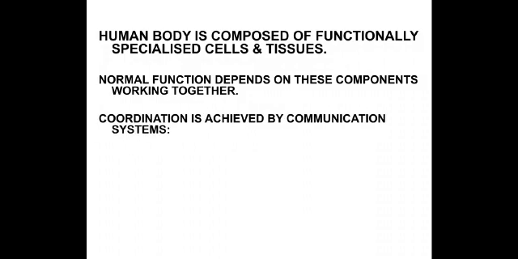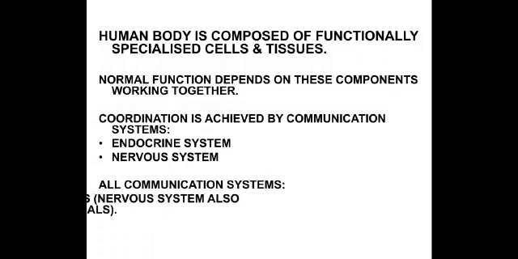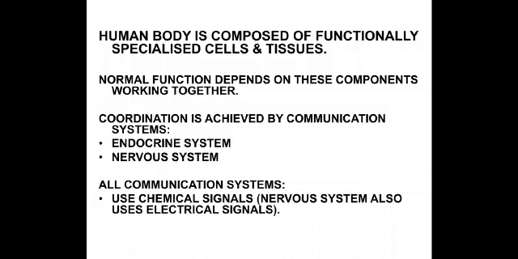The coordination is achieved by communication systems, the endocrine system and the nervous system. They use chemical signals. The nervous system also uses electrical signals. Here in the endocrine system, the chemical signals are through hormones. They work together, not in isolation.